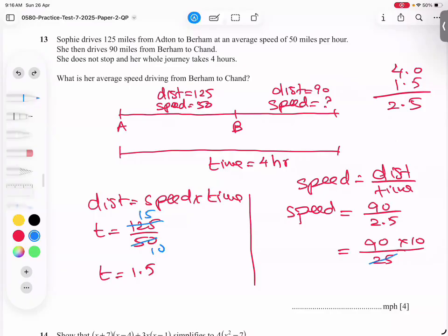Yes, table of 5: 5 ones are 5, and 5 eights are 40. So we can check it. So we're getting 36 miles per hour. I think it is clear. And Alhamdulillah Rabbil Alameen, we have done it.